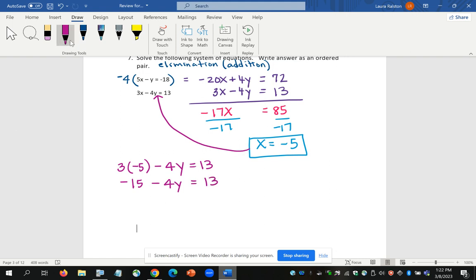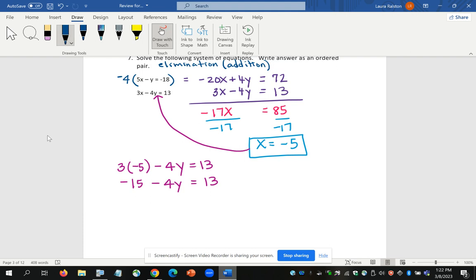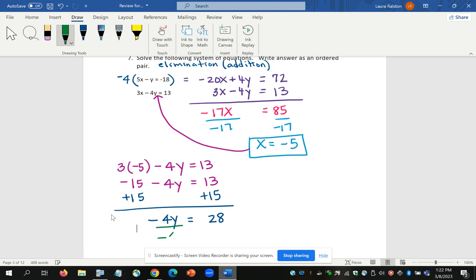My goal here is to get the y by itself. So I need to add 15 to either side. So I have negative 4y equals 28. Then I'm going to divide both sides by negative 4.